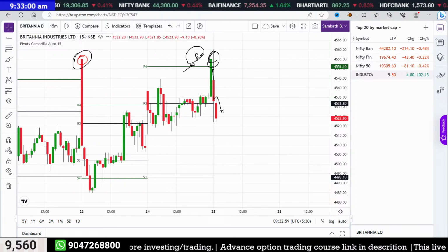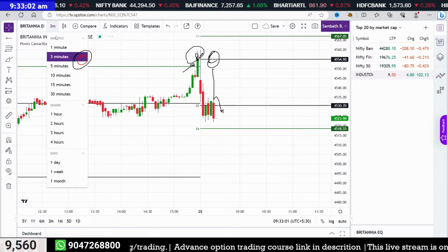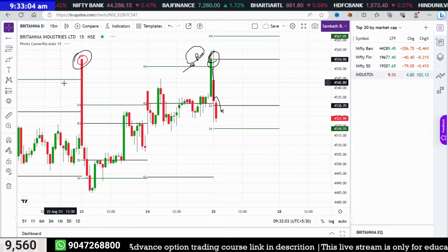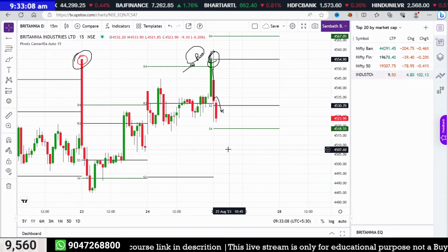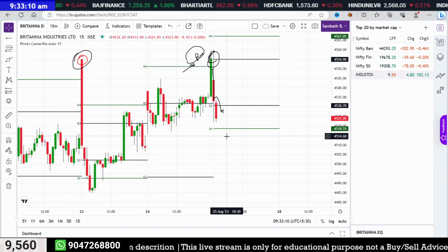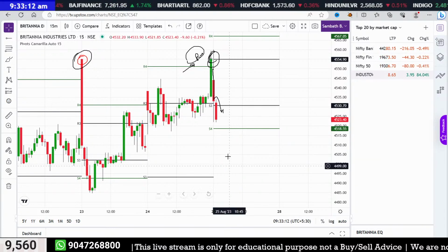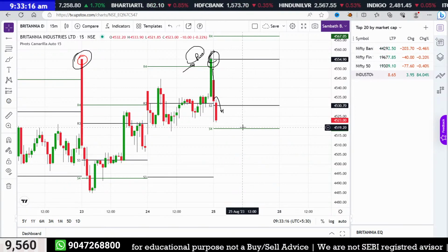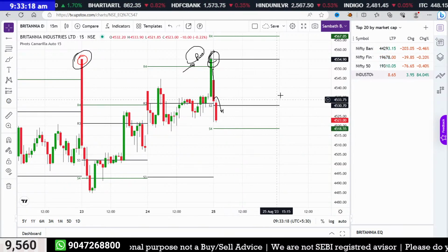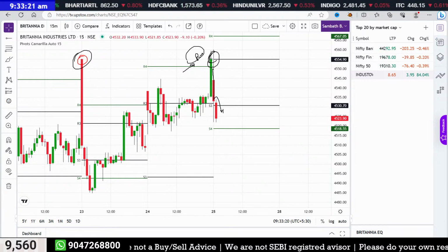And let me check today's level. It was trading below S3. The support is around 1548, sorry, 1518. So if that level is broken, we can expect a further down. At this point, if you have taken any support, you can try for a buying opportunity right now.